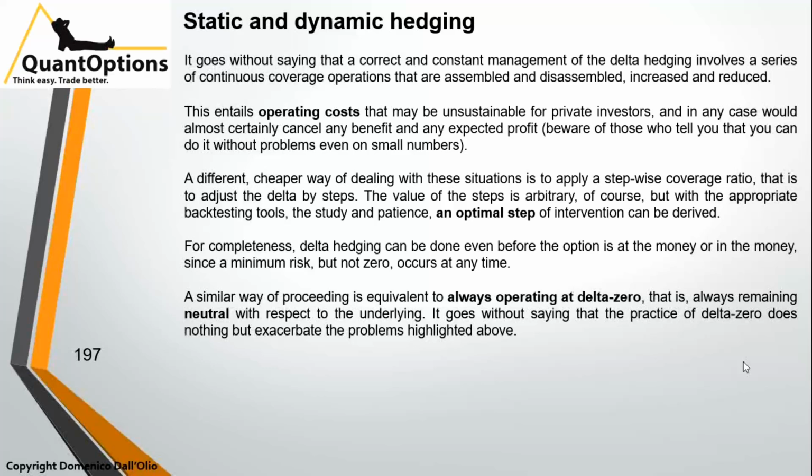You could do it, but this would make things even more complicated. A similar way of proceeding is equivalent to always operating at delta zero. That is, always remaining neutral with respect to the underlying. It goes without saying that the practice of delta zero does nothing but exacerbate the problems highlighted above.